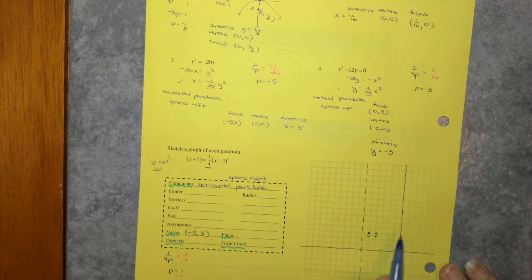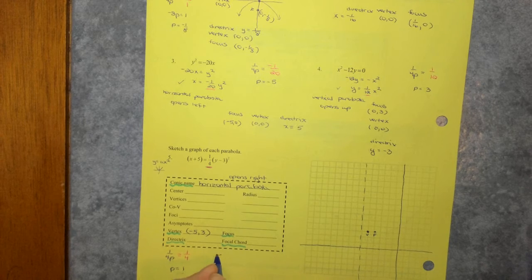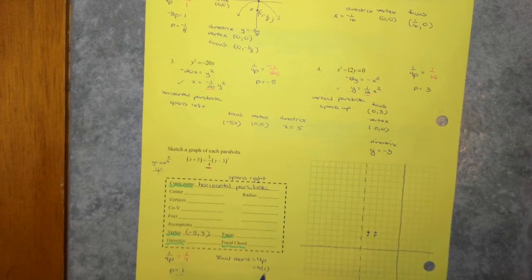So now, before I can finish the sketch, I need to know the length of the focal chord. The length of the focal chord is always going to equal 4p. And so if p is 1, the focal chord will be 4 times 1, so in this case it will be 4.